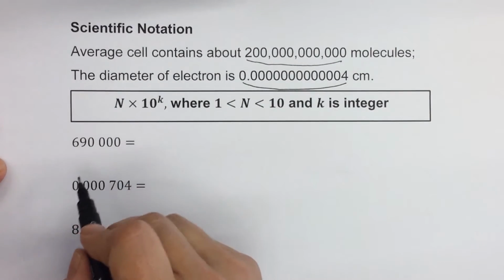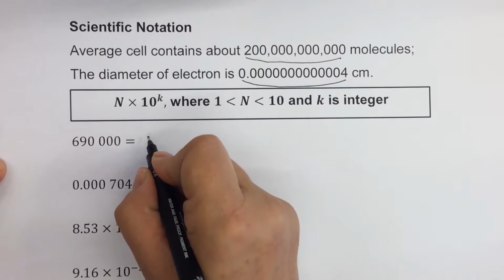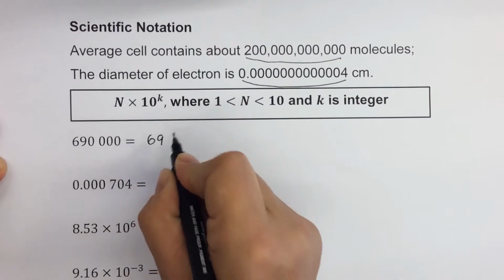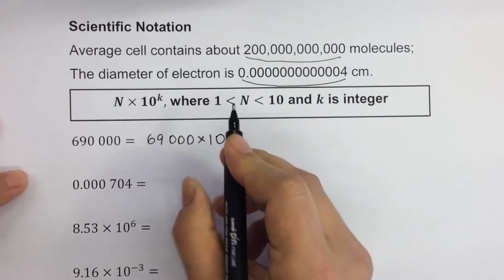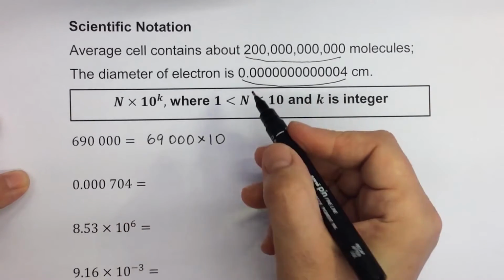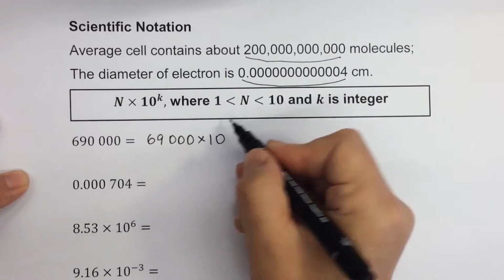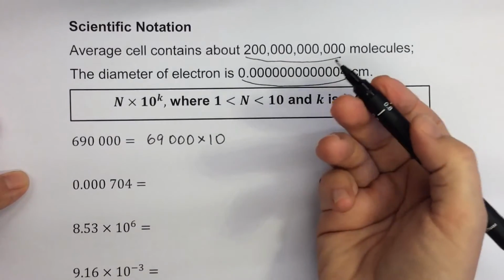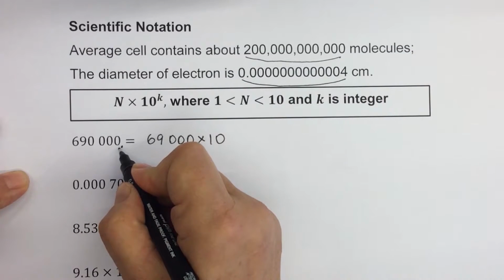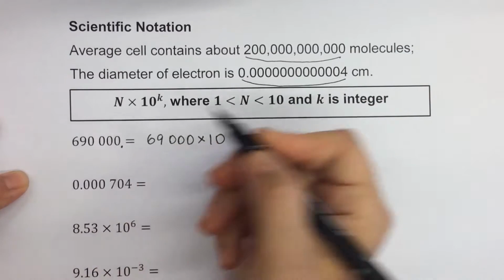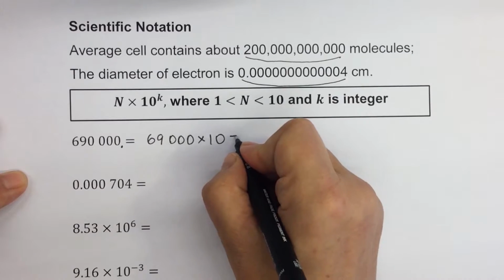For example, 690,000 is the same as 69,000 times 10. So for every zero, we basically have 1 power of 10, and essentially what we do, we're moving our decimal point to the left. Okay, let's continue this process.